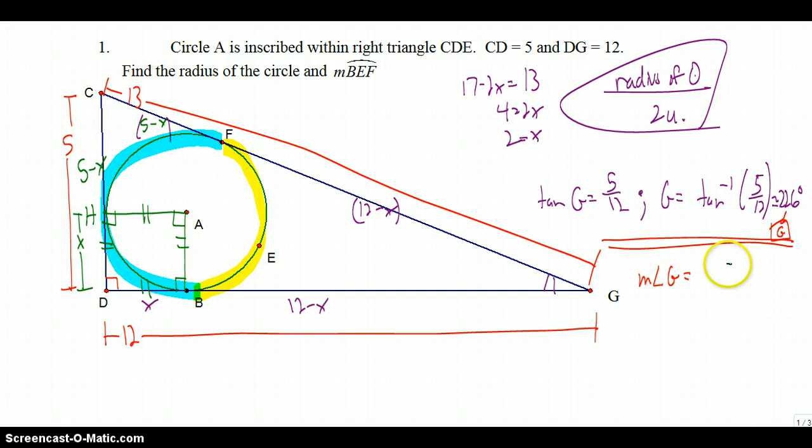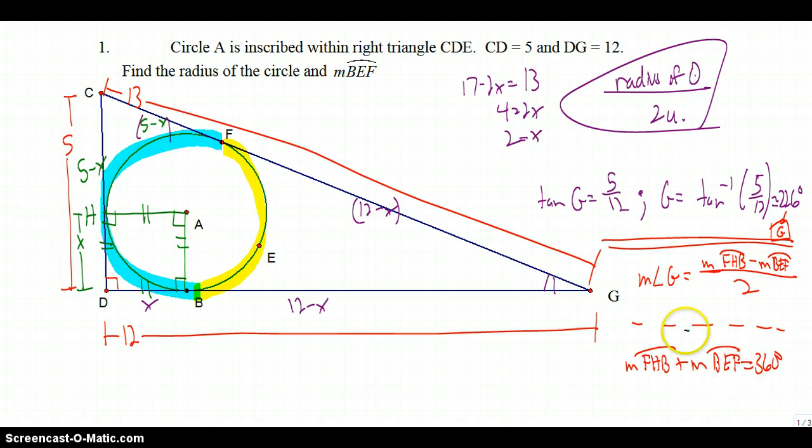The measure of angle G is equal to the measure of arc angle FHB minus the measure of arc angle BEF, divided by 2. So there's one equation relating those two arc angles together. Those are my two unknowns. I also know that the measure of arc angle FHB plus the measure of arc angle BEF is equal to 360 degrees, because together they form a complete circle.